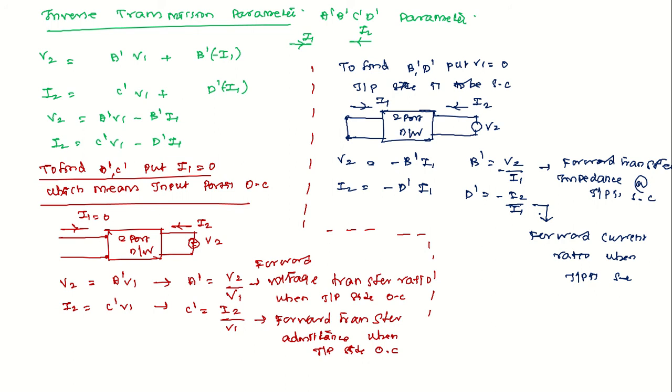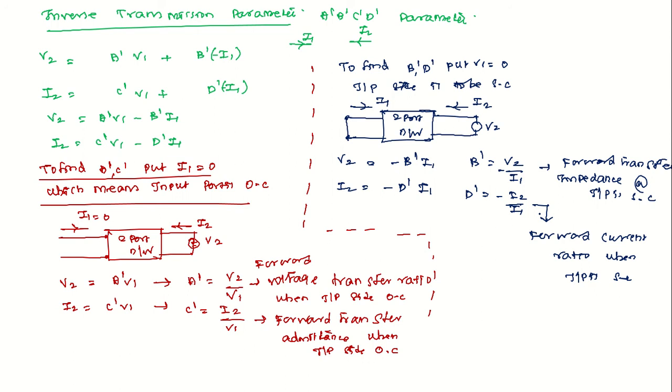If we are going to find the impedance, v1 by i1 is called the forward impedance, and v2 by i1 is called the reverse impedance. For the admittance, output i2 by v1 is called the forward transfer admittance, and i1 by v is called the reverse admittance.